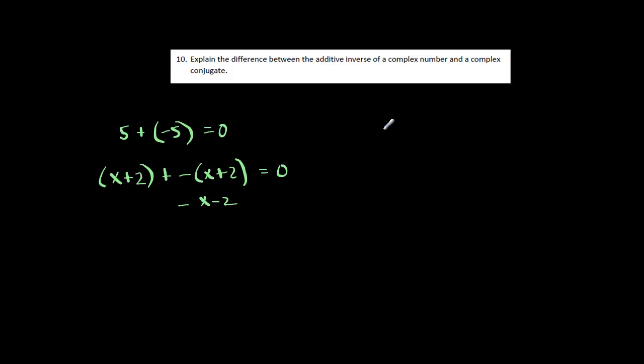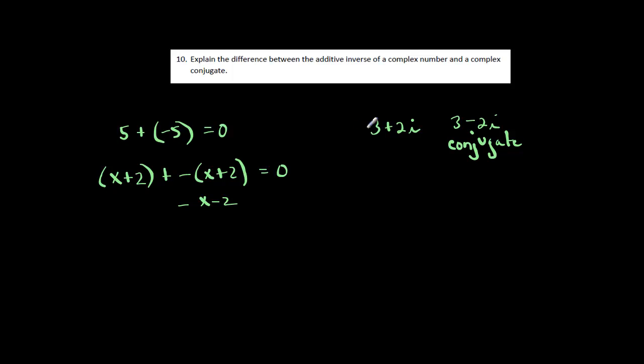A complex conjugate would be something like 3 plus 2i. The conjugate to that would be 3 minus 2i. So this would be a conjugate where you only take the second term and change the sign. Whereas the additive inverse of this would be the opposite of this.